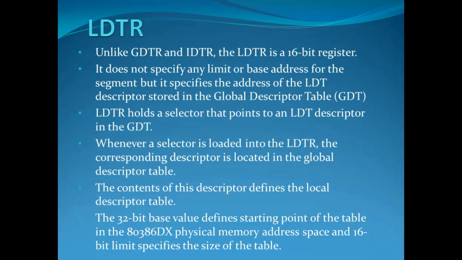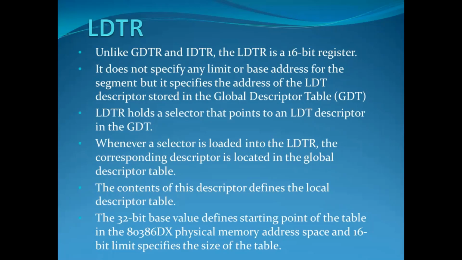Whereas the IDTR and GDTR have a 16-bit limit, the LDTR doesn't have any limit or a base address for the segment, but it specifies the address of the LDT descriptor stored in the global descriptor table. LDTR holds a selector that points to an LDT descriptor in the GDT.